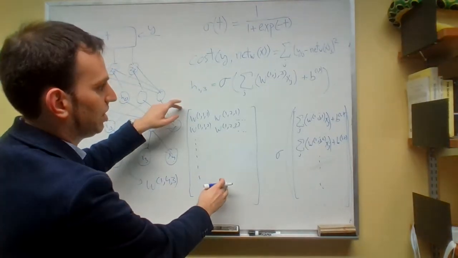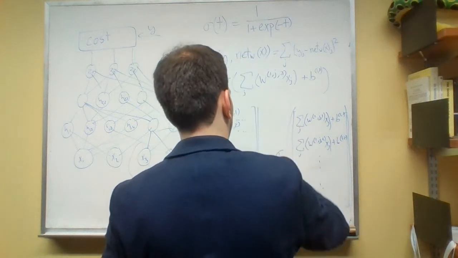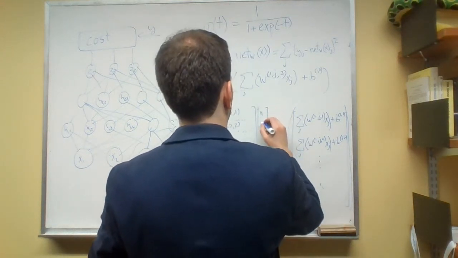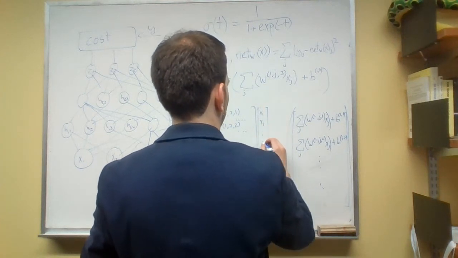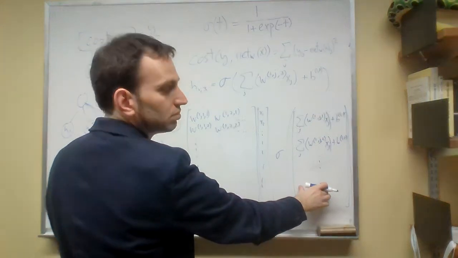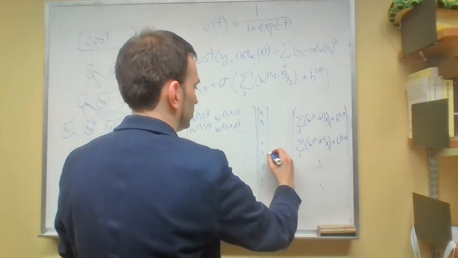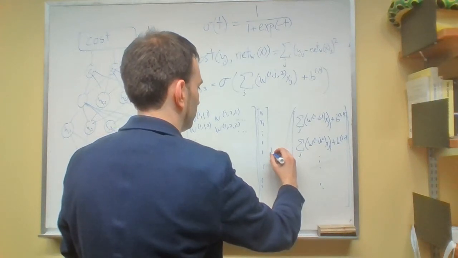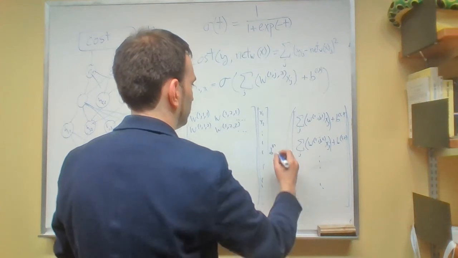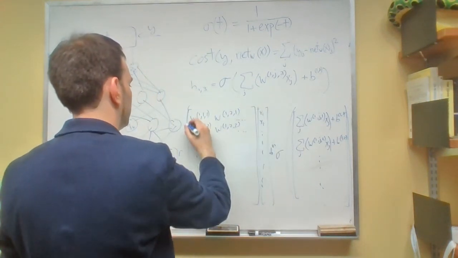If we set up a matrix like that, and multiply it by x1, x2, and so on, what we'll get is this part. If we then add the b, so let us do that, we add b1, we multiply all that, and we apply the sigma.